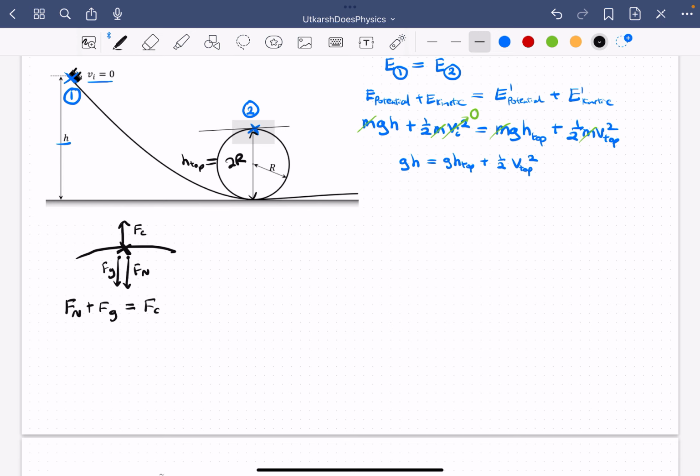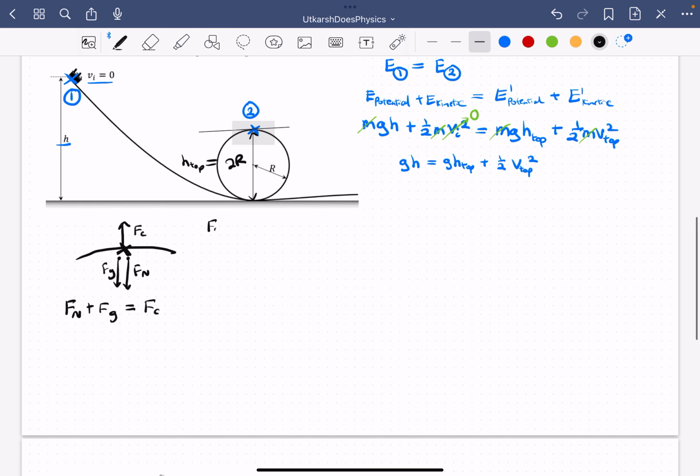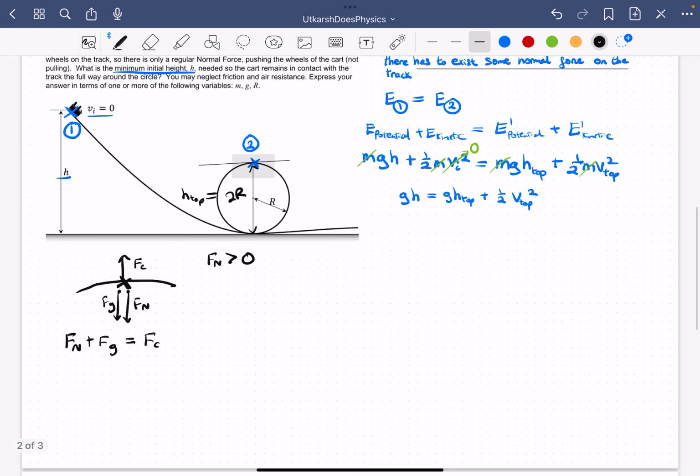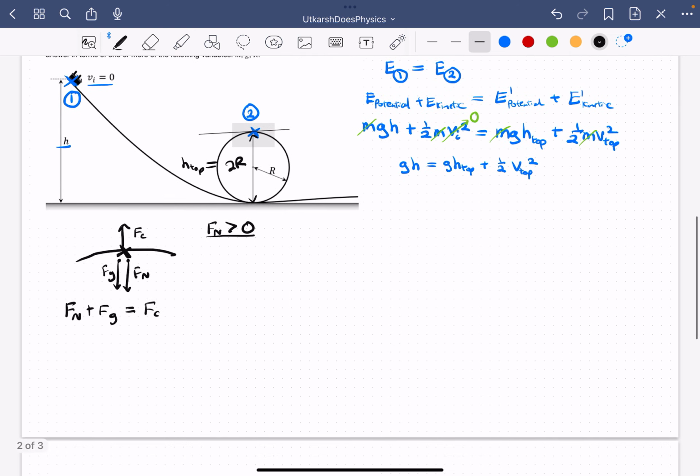Now, we have enforced that the normal force must be greater than 0. That's something that we are requiring. That's what we said here. There has to be some normal force on the track for us to say the cart is still touching. So because of that, the normal force has to be greater than 0. So we can rearrange this equation.